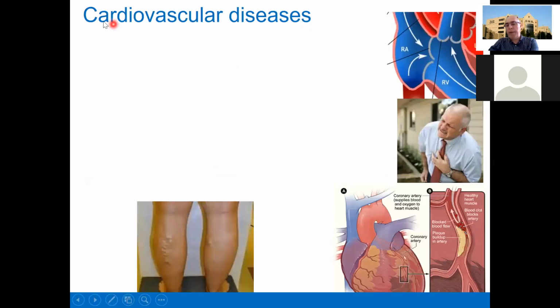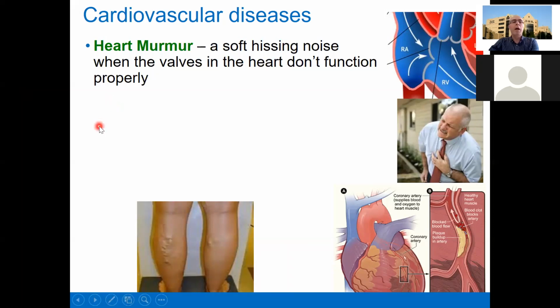Some important cardiovascular diseases: one of them is heart murmur, a soft hissing noise when the valves in the heart don't function properly.